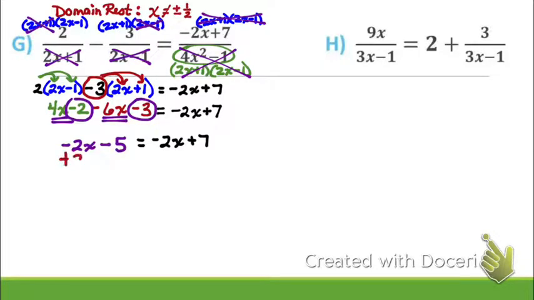Yeah, because when I add 2x to both sides, that is going to cancel out. So negative 5 equals 7? That is not true. It's not 0, be careful. But it does mean that I have what as a solution? No solution.